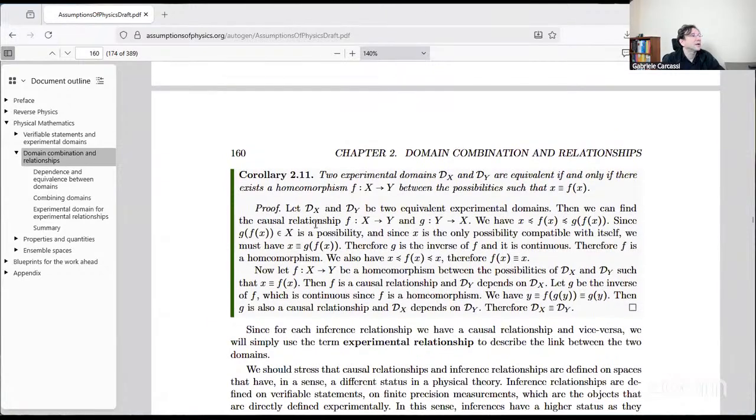There is a last corollary. The two experimental domains dx and dy are equivalent if and only if there exists a homeomorphism between x and y and between the possibilities, such that x is equivalent to f of x.